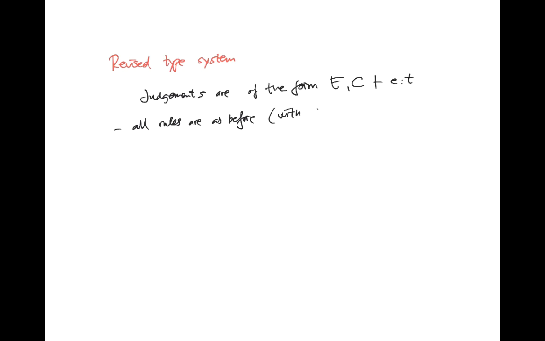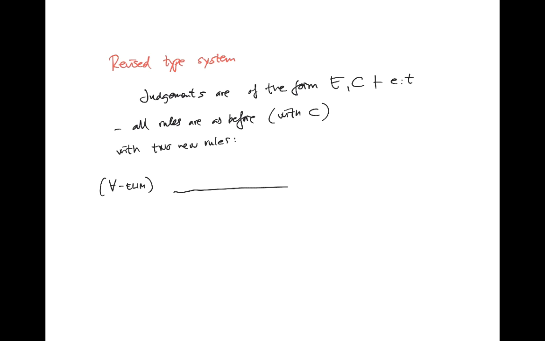Judgments are of the form: given a type environment and a type class environment, E has type T. All rules are as before, except that we now add the type class environment, but we now add two new rules. And the two new rules that we add are a rule that resembles projection. We call it for all elim.